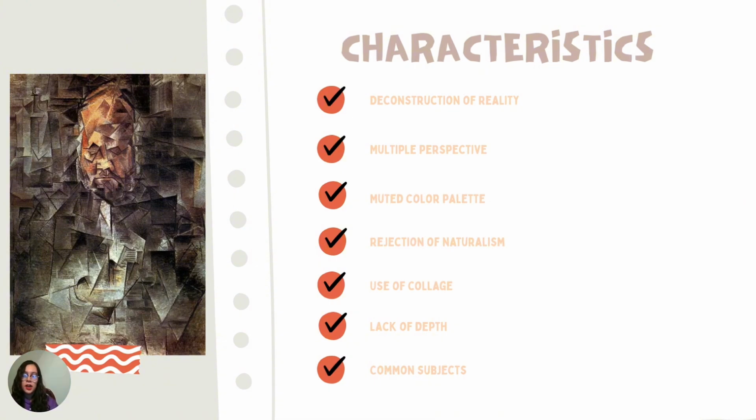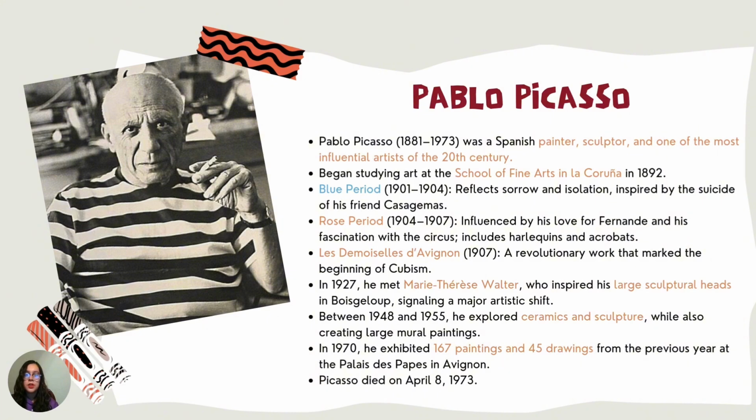And now I think it's important to talk about the two founders of this movement. So first, we are going to talk about Pablo Picasso. He was a Spanish painter, sculptor, and artist, and is considered one of the most influential figures of the 20th century.